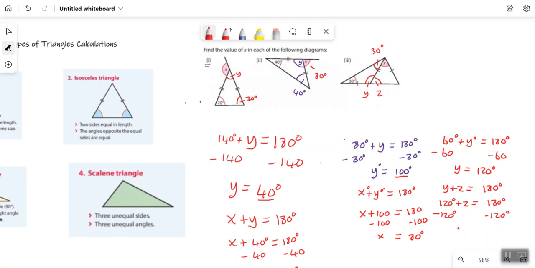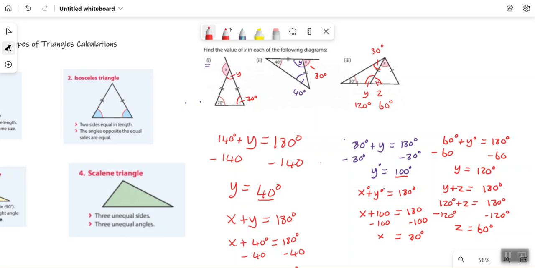So these will cancel out, and I'll be left with z is equal to 180 minus 120, which is equal to 60 degrees. Okay, so y is equal to 120, and z, this angle in here, is equal to 60.